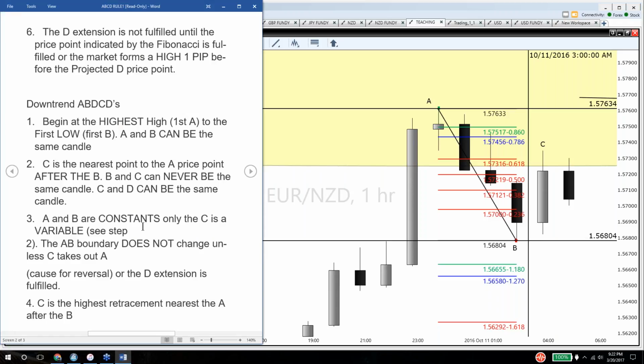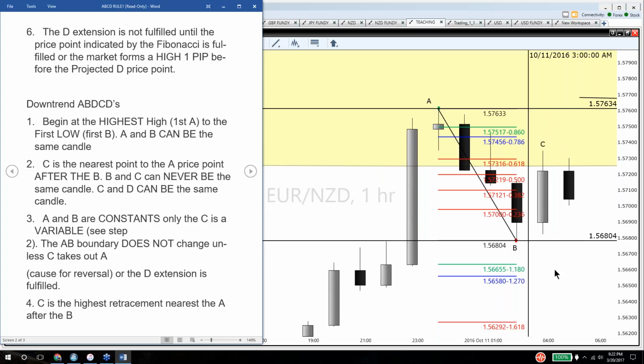Now, here's where things start to get complicated, right? A and B are constants, right? So this is my AB boundary. And this is my playground for the market. Remember, the bulls and the bears are constantly fighting for control of the market.